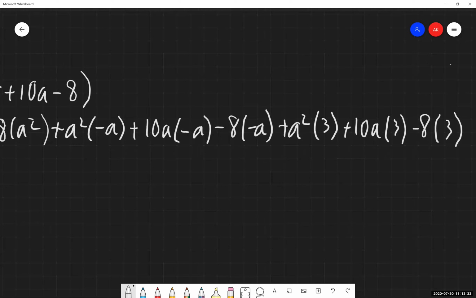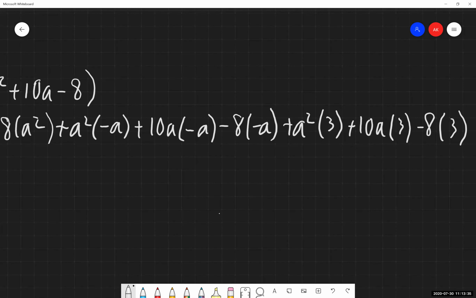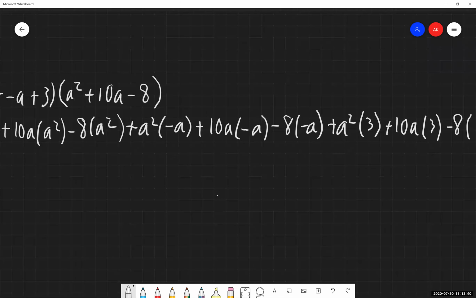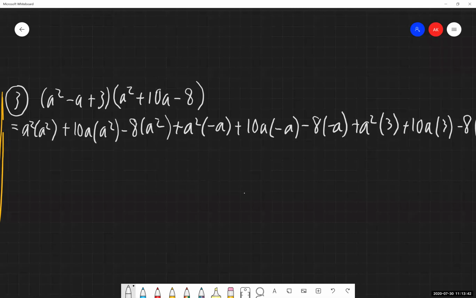So it's not even fitting all on the screen. Maybe that will, yeah, it does a little bit better. So again, this is every single term from our first polynomial distributing through to every term in the second polynomial.